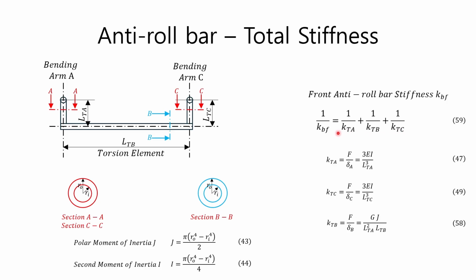By substituting the stiffness kTA of bending arm A obtained using equation 47, the stiffness kTc of bending arm C obtained using equation 49, and the stiffness kTb of the torsion element obtained using equation 58 into equation 59, the overall stiffness kBf of the front anti-roll bar can be obtained. The overall stiffness kBr of the rear anti-roll bar can also be obtained in the same way.